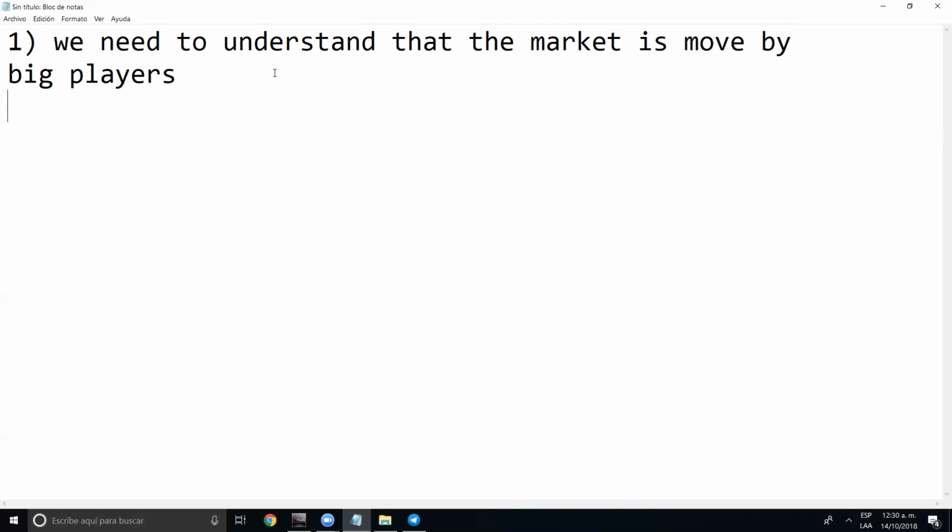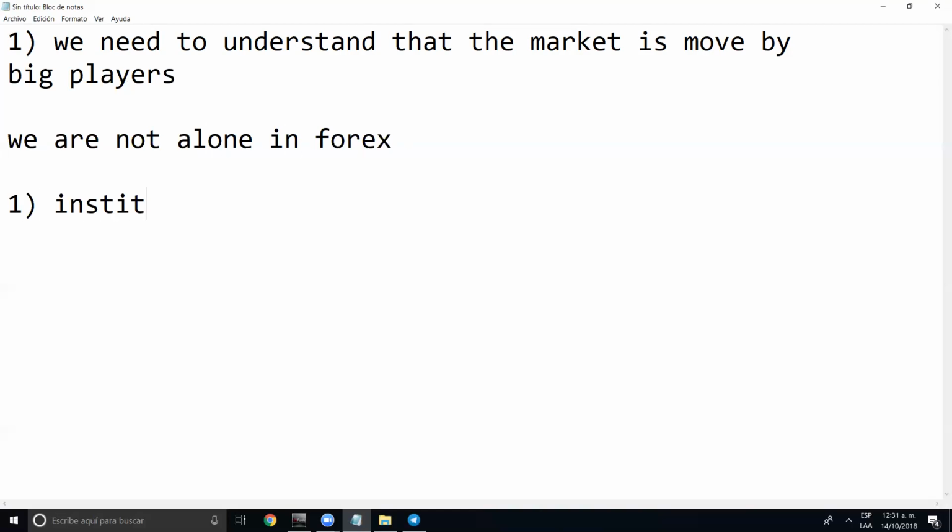Okay, we need to understand that we are not alone in Forex for sure. The principal actors are the banks, institutional banks, for example the federal banks, or American, wherever, and also the hedge funds.